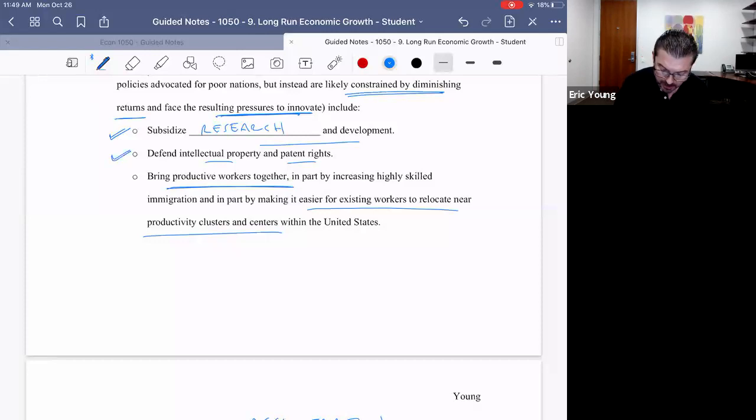And another way to bring productive workers together could be by having really thoughtful immigration laws that bring highly skilled immigrants into the country. If you can bring highly skilled immigrants into the country and combine that with ways to make it easier for existing workers, or as you guys will soon be, recent college graduates, to relocate to those great clusters and those centers where industry thrives, we can help increase productivity.